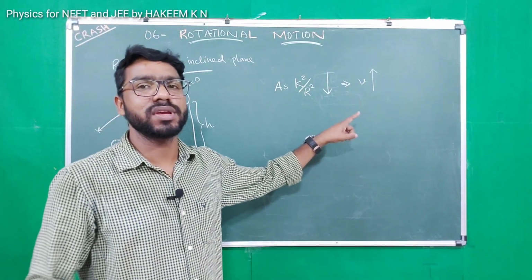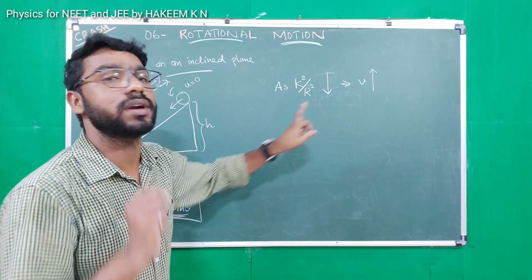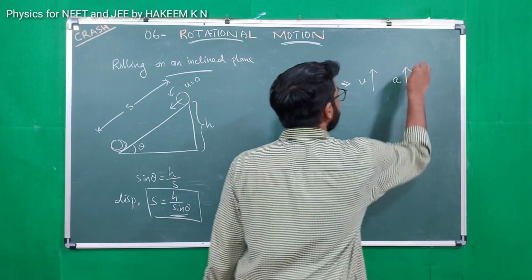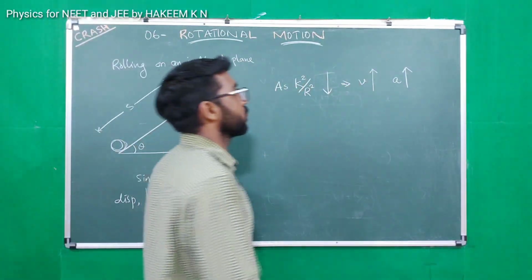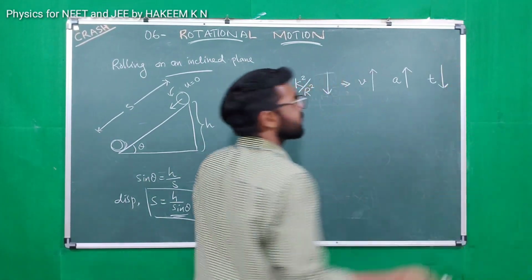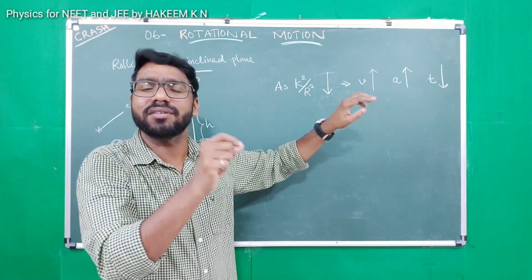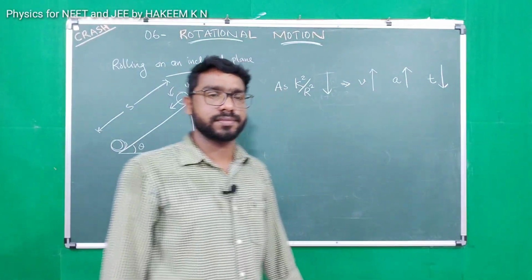Because for velocity, 1 plus k square by r square comes out on the denominator. And the acceleration also increases, because for acceleration the equation is g sin theta by 1 plus k square by r square. But time of descent decreases. That we already know. If velocity increases, it will take lesser time to reach the bottom. So time of descent decreases.